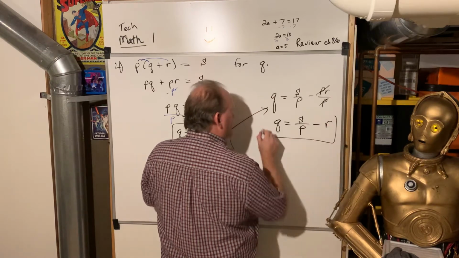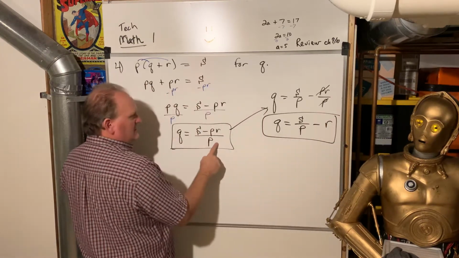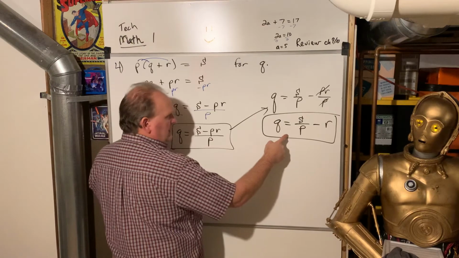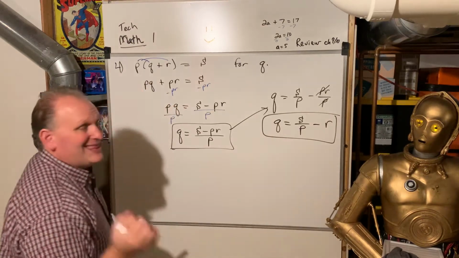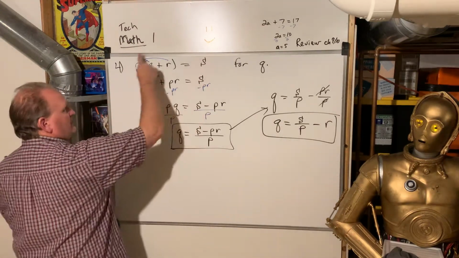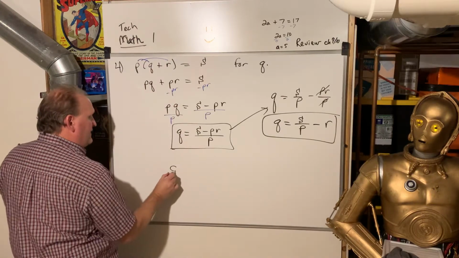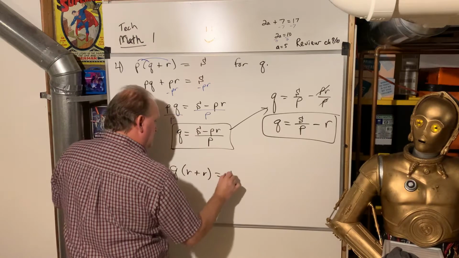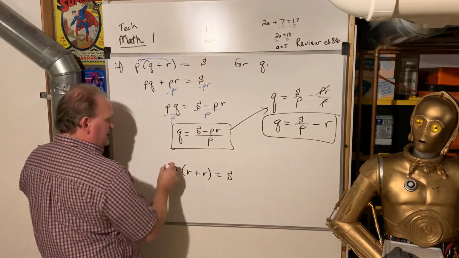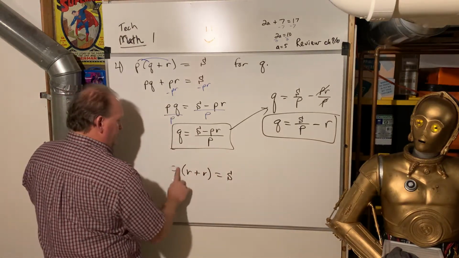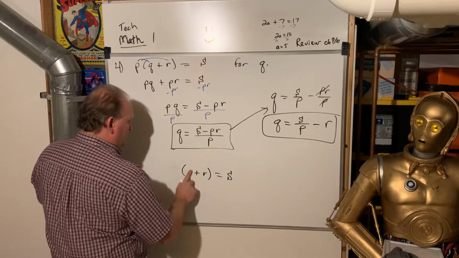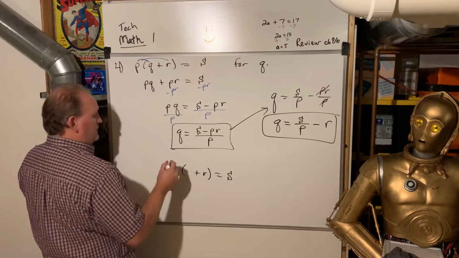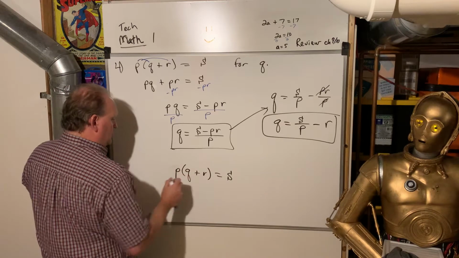And then I'd have this as an answer, which isn't required. You don't have to do that. You can give me this answer. This is fine. But this is fine also. And then there is a third technique, a different way of doing it, where if we go back to the very beginning, first got to write down the correct problem. P(Q+R)=S.